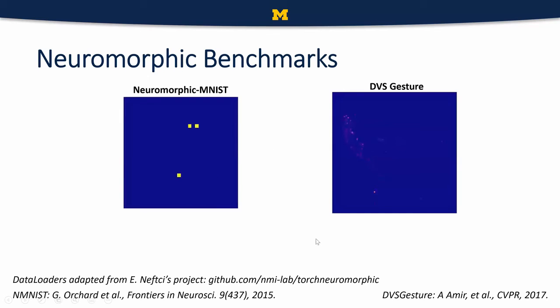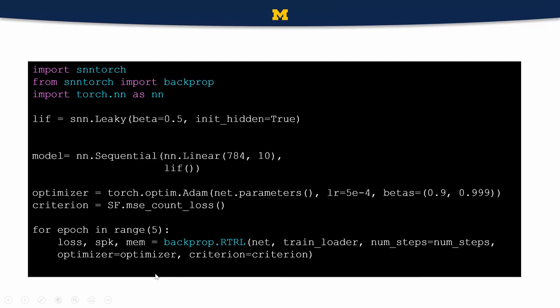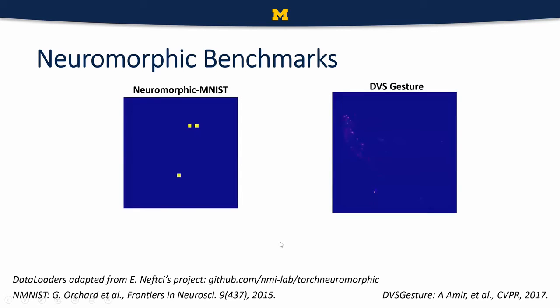So I guess take a look at some neuromorphic benchmarks, because, well, if we're passing data into our network, I've only referred to MNIST, some really, really simple toy data sets. Some other neuromorphic benchmarks that are available in snnTorch, which are basically adapted from Emre's project, Torch Neuromorphic.